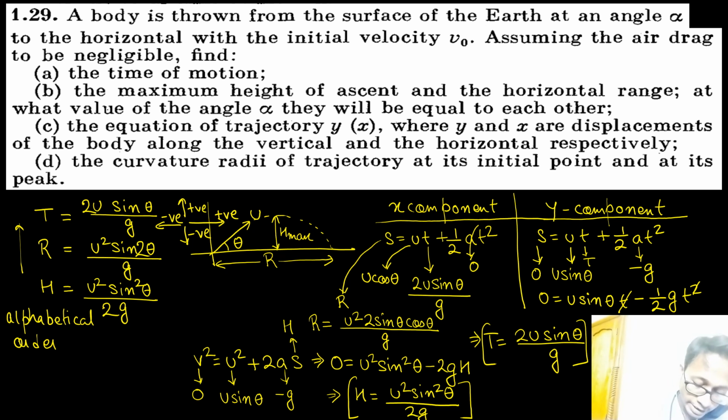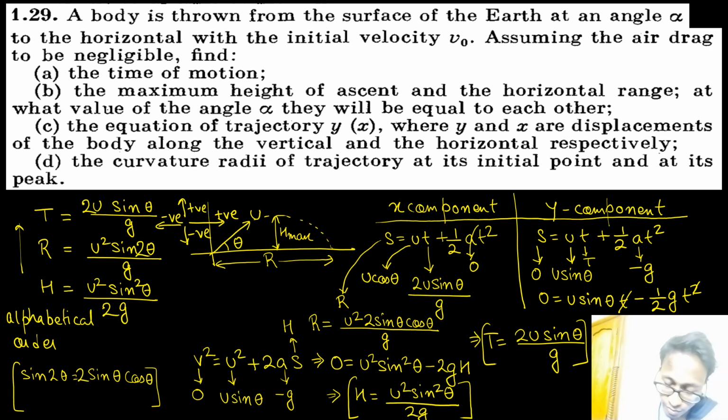Okay, in trigonometry there is a formula that sine 2 theta is equal to 2 sine theta cos theta. So can I substitute this 2 sine theta cos theta for sine 2 theta?